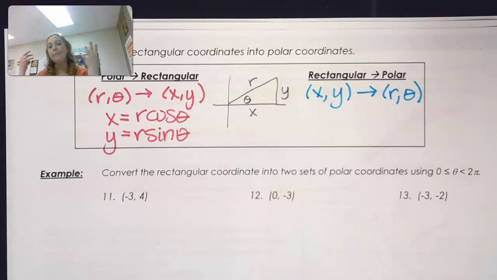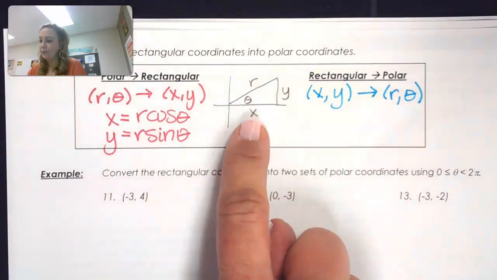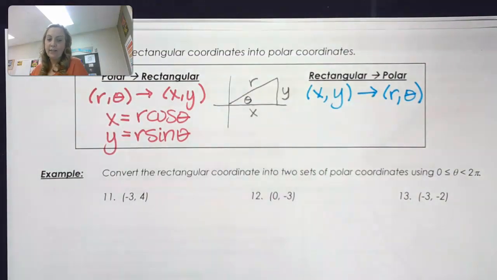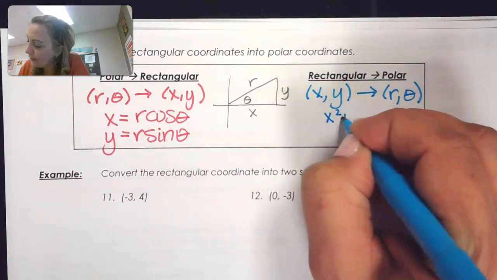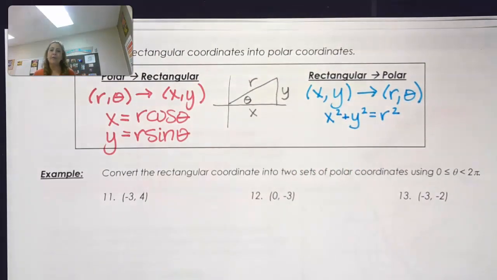If I wanted to find r, do you guys see that these are related by the Pythagorean theorem? So we can say that x squared plus y squared equals r squared, and we can use that relationship to help us find r.